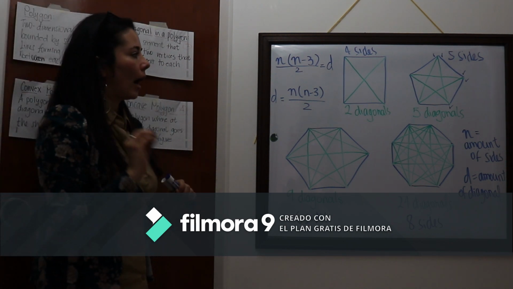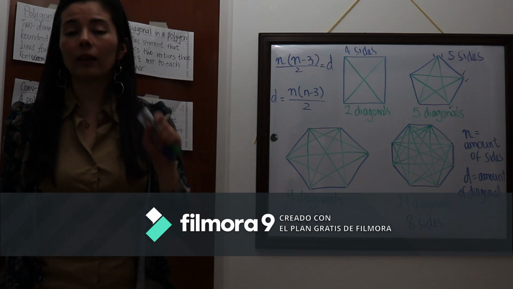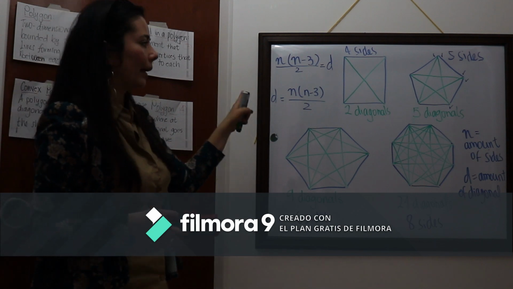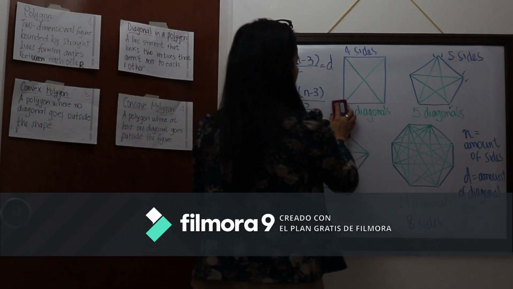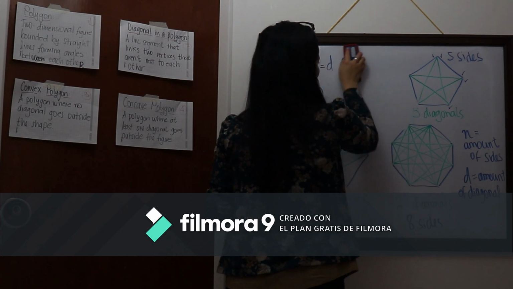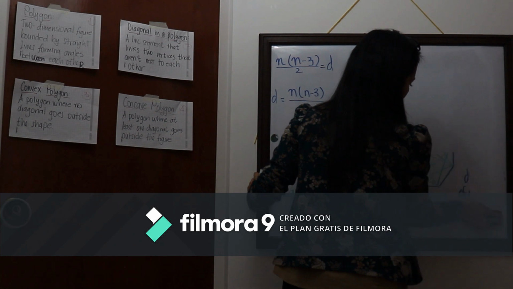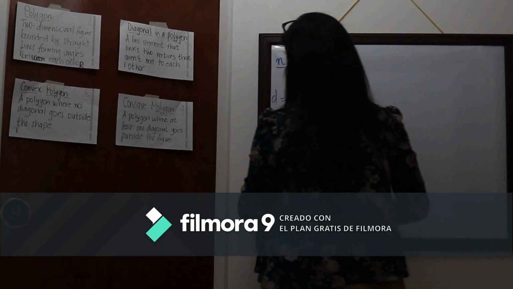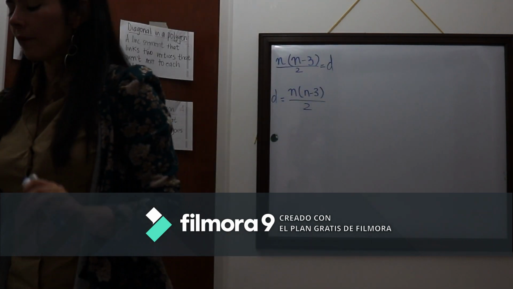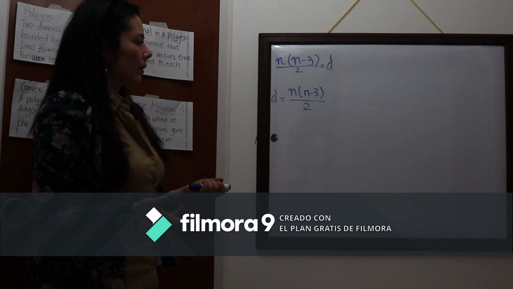How do we figure out how many diagonals a polygon can have? But now let's think about how that would help us to find out the angle sum of a polygon, whatever kind it is, because depending on the amount of sides, we know we can have different types of polygons. Now remember, we're talking about convex polygons all the time. So think about this.